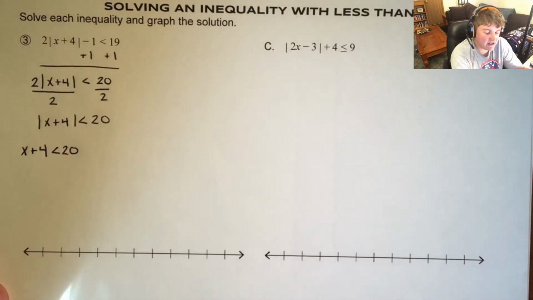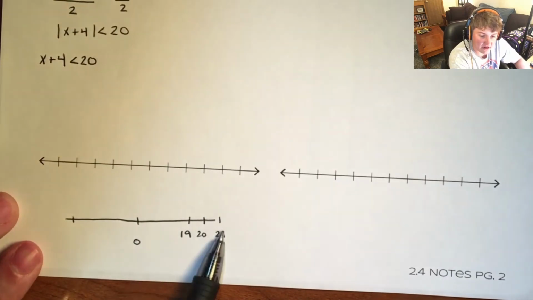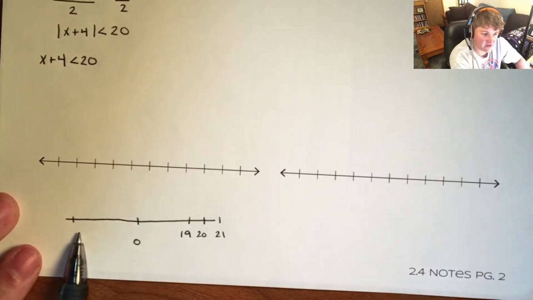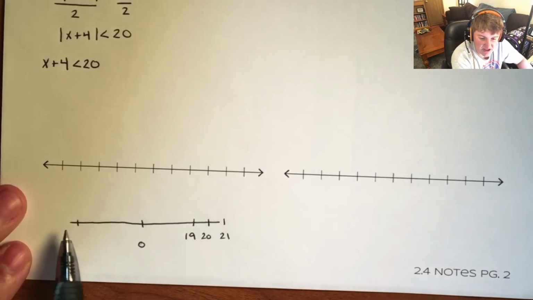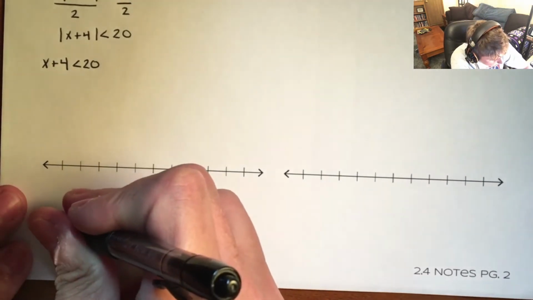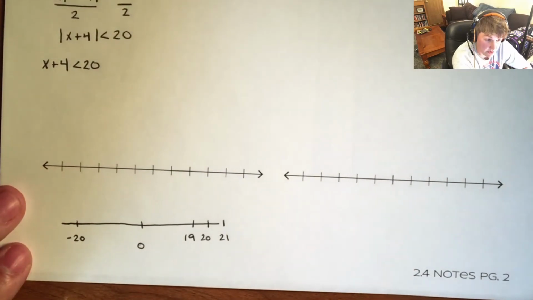But as normal, we know that these inequalities, we're just talking about the right side of 0. What about the left side of 0? Because that's going to matter as well. So let's do the same thing. Let's think about the number line and what would happen about the insides here. So we know negative 20 is going to be important to us.